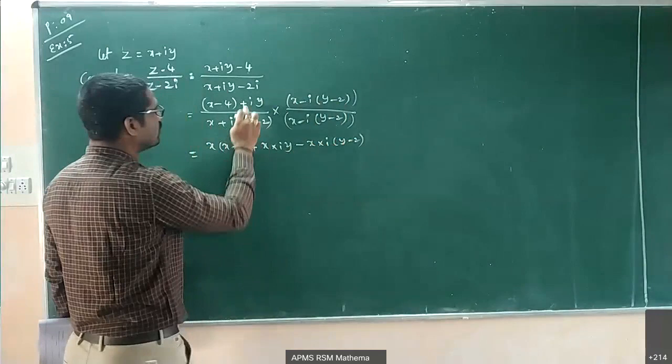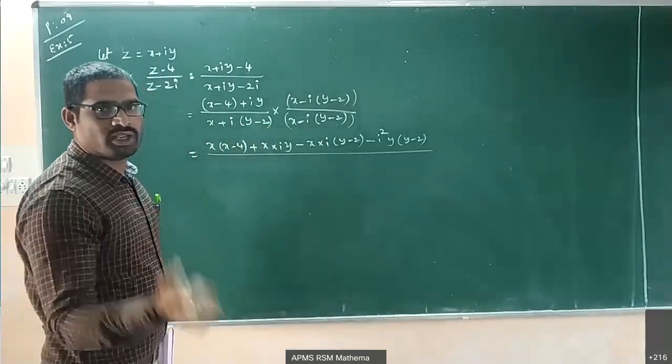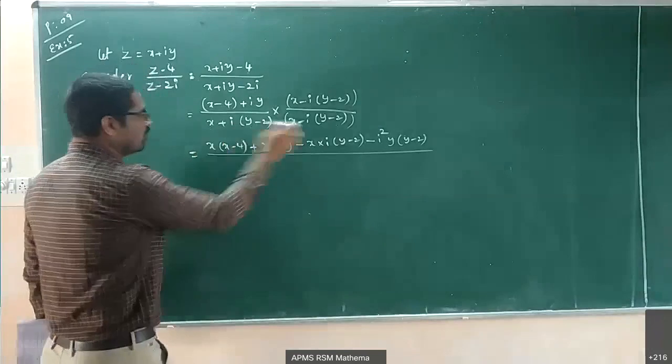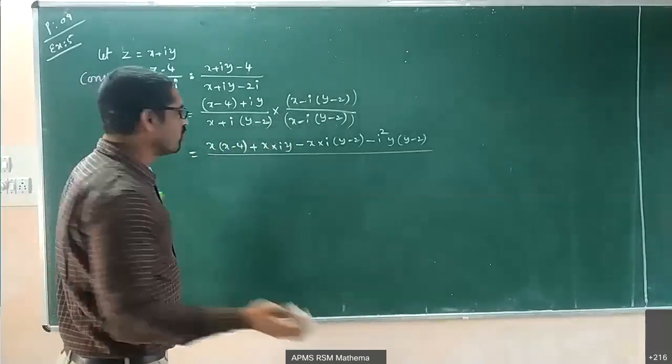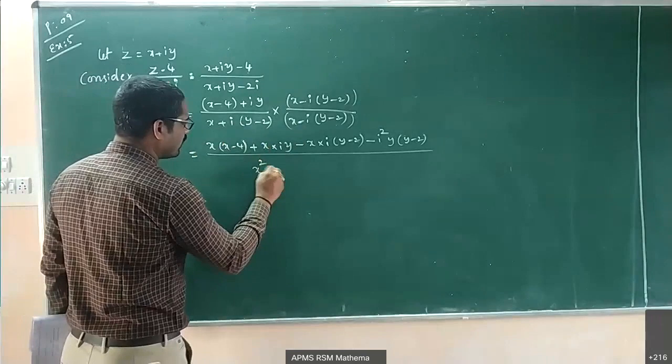The numerator part we have multiplied. Now the denominator: in the earlier class we discussed that the product of the conjugates of a complex number gives a square minus b square form, that is x square minus i square (y minus 2) whole square.